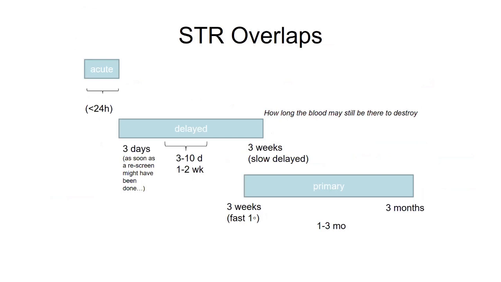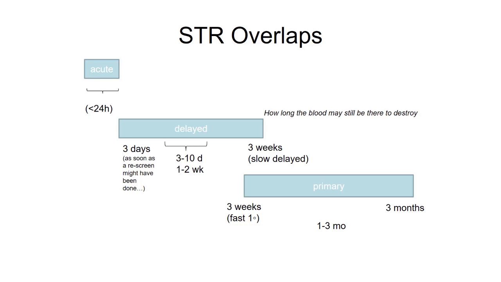Serologic transfusion reactions, again acute, delayed, or primary, have their signature timelines, but you can appreciate from this picture that sometimes there are overlaps and it can be hard to distinguish a slow, delayed response from a very fast primary response.